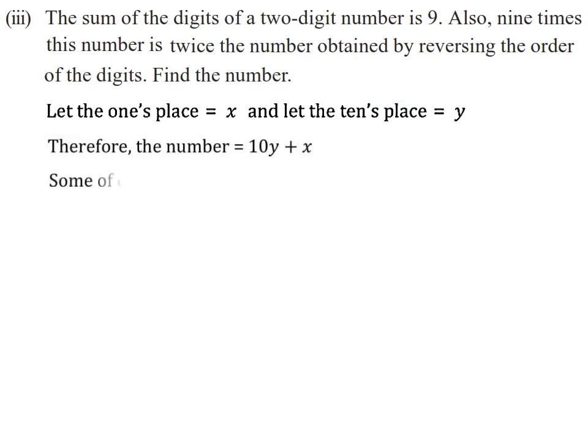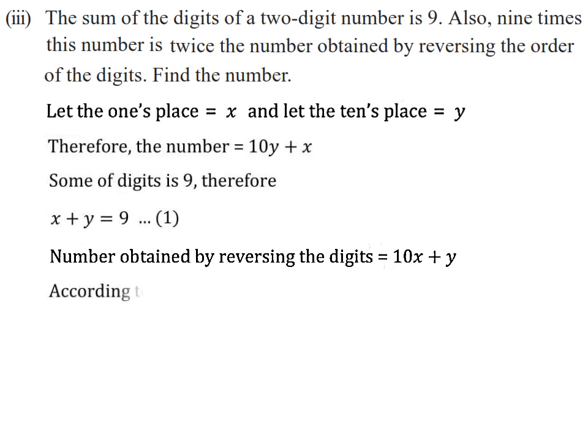So, first condition, sum of digits is 9. Therefore, my first equation will become x plus y equals 9, and that is my first equation. Now, second condition, the number obtained by reversing the digits is equal to 10x plus y.